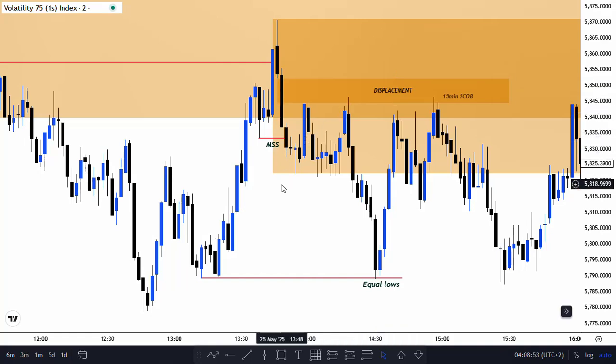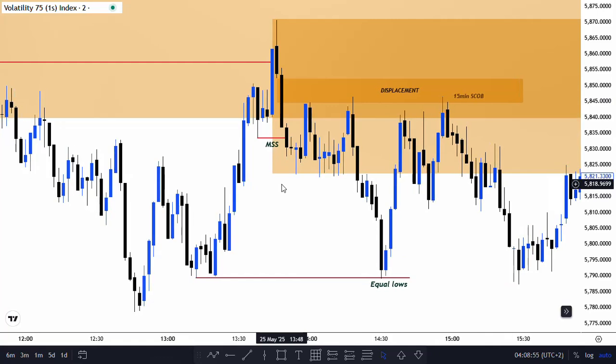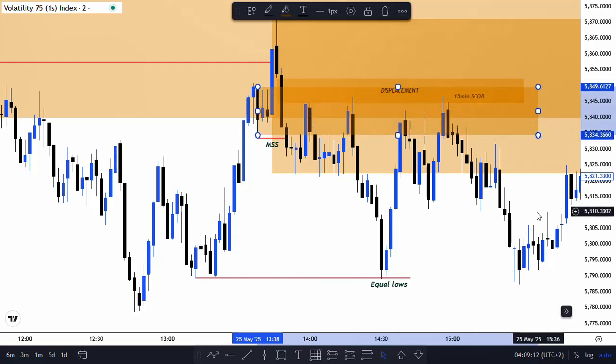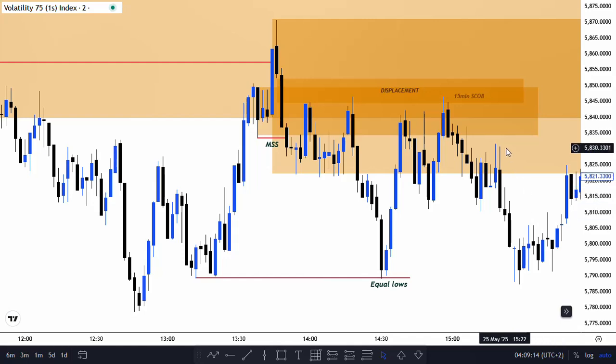Another thing, if you don't know what a breaker is, I think I've already made a video on that. Price was respecting this candle right here. Okay, there was a lot of confirmation here. There was a displacement here. If you wanted to enter in a displacement, you can do that, but just make sure it's within that breaker.